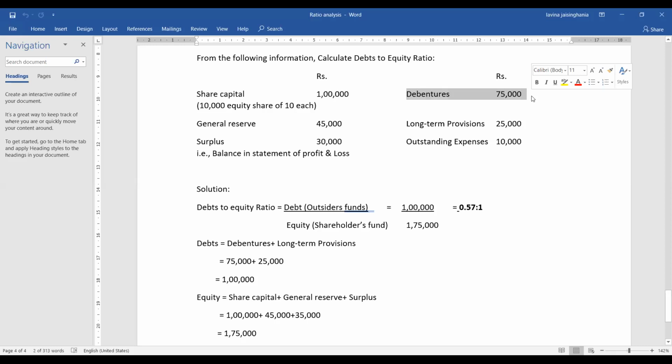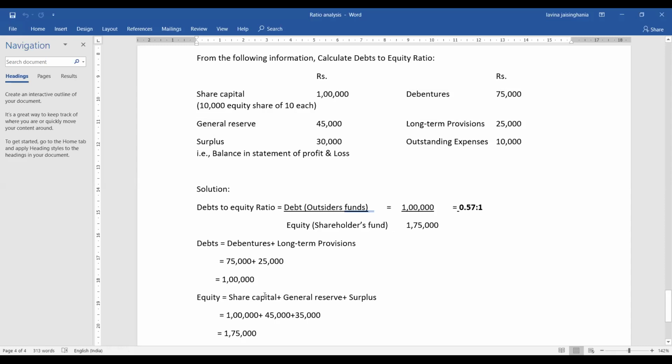We know that debentures are borrowed fund, the amount which is borrowed from the public. So this is considered as long term fund, and long term provisions are also part of debts. So debts can be found by debentures plus long term provision. If you add 75,000 plus 25,000, you'll get 1 lakh as debts.